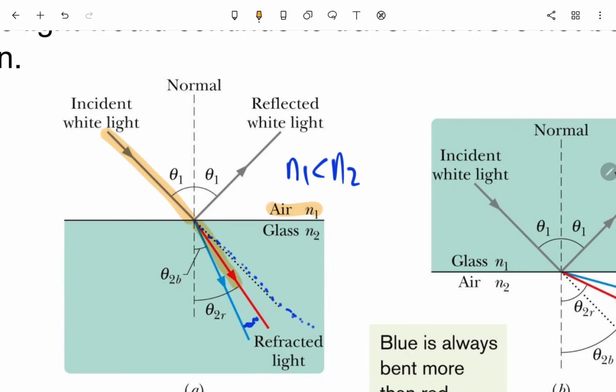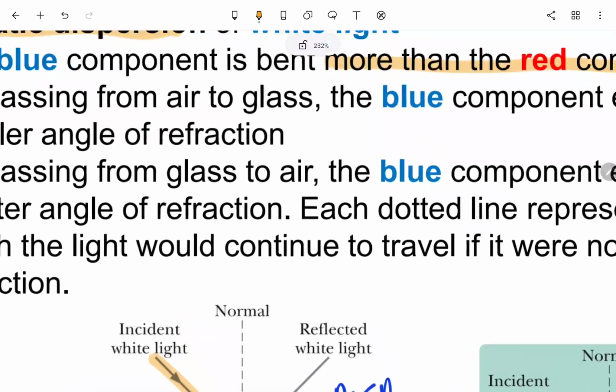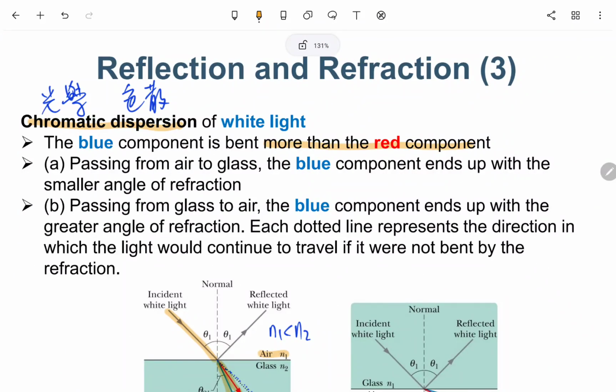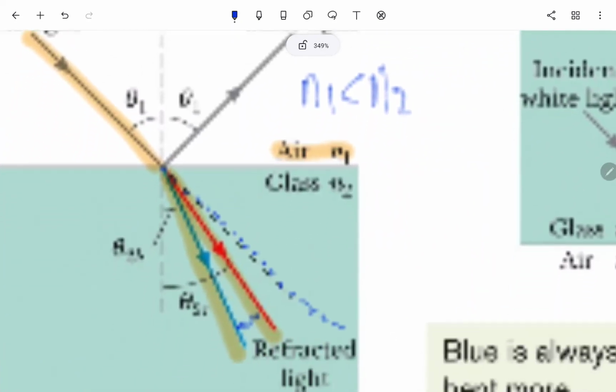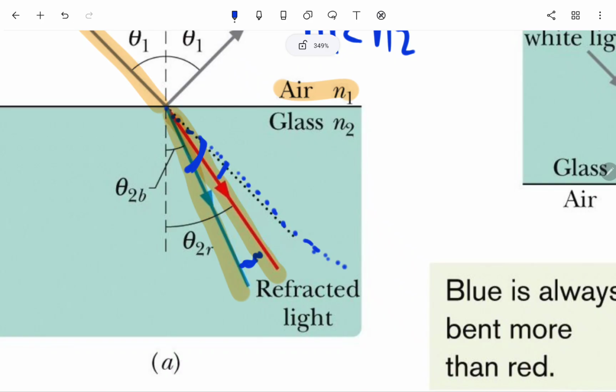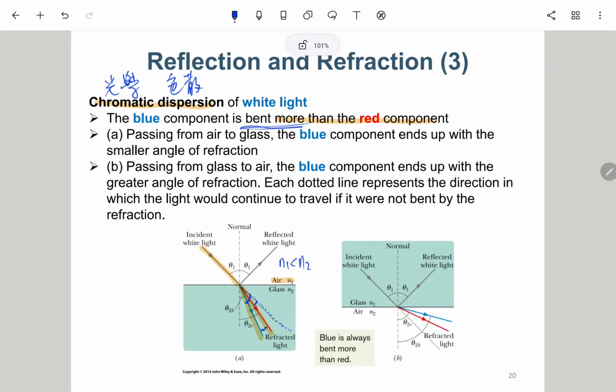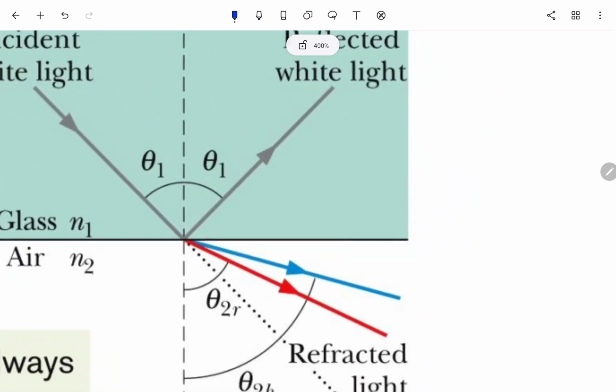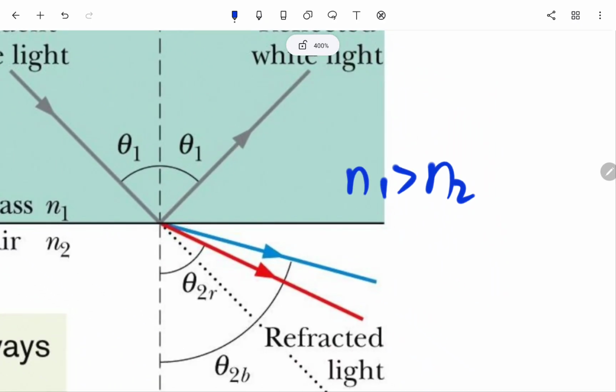The red light has a larger refracted angle, and the blue light will have a smaller one. So the blue light bends more, meaning this angle is larger than this one. 它就是转向比较多，但是它跟那个 refracted angle 是相反的. And then here we have n1 larger than n2.